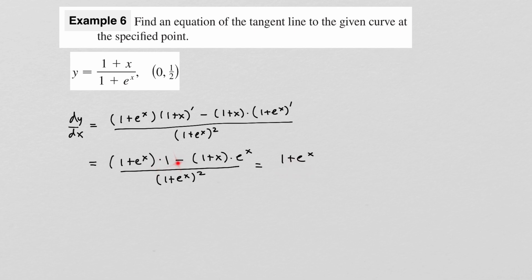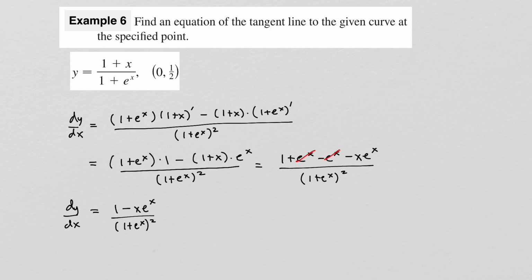And then here we have minus 1 times e to the x, which is minus e to the x. And we have minus x times e to the x, all over 1 plus e to the x squared. And then the e to the x's cancel out, and our dy dx is 1 minus x e to the x over 1 plus e to the x to the second power. So again, this is dy dx.